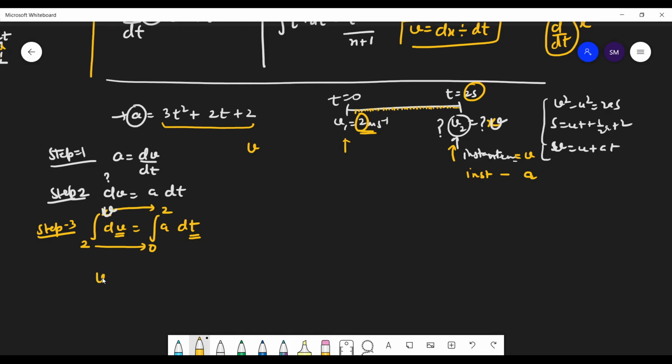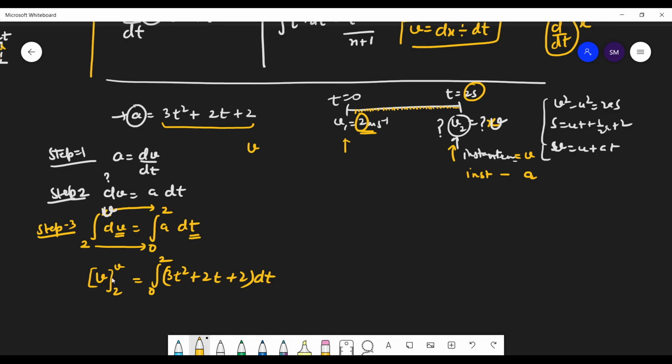That's v, and then taking the limits from 2 to v, and put the value of a here. I can write a as a function of t, that's the same thing. So what's the value of a here? So 3t square plus 2t plus 2, integration 0 to 2. Okay.